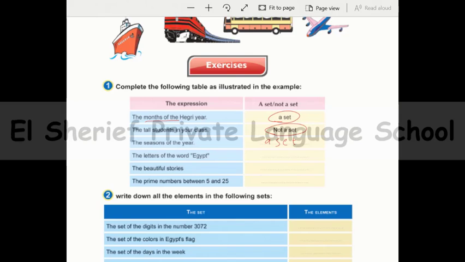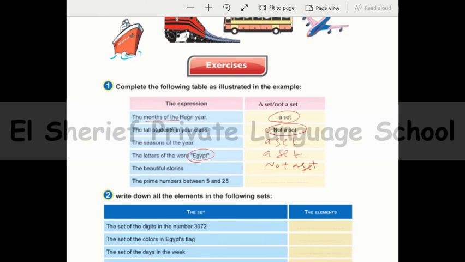The letters of the word Egypt: all of us say E-G-Y-P-T, so this is a set. The beautiful stories differ from person to person, so this is not a set, and so on.